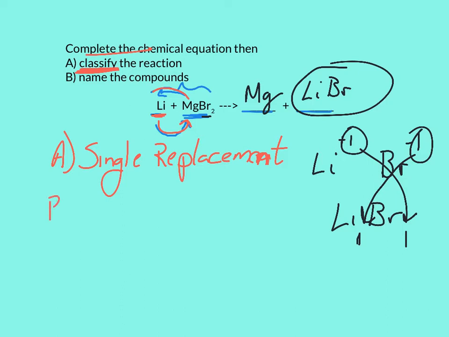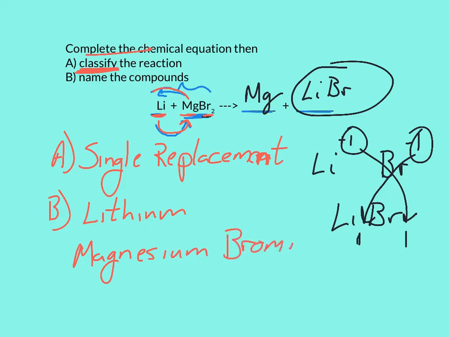And then finally B, what do we have here? Well, if we look at the reactant side, we're just going left to right. I have lithium. Then I have MgBr2. Well, that is an ionic bond, metal and a nonmetal. So we name the metal, magnesium. And for the nonmetal, bromine, we change the ending to "ide."